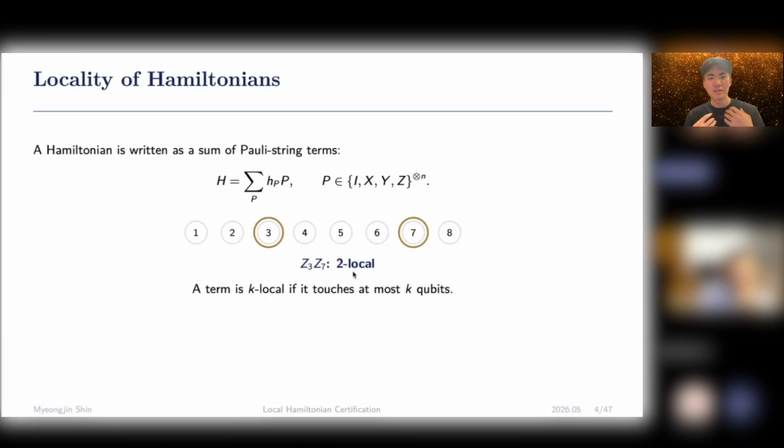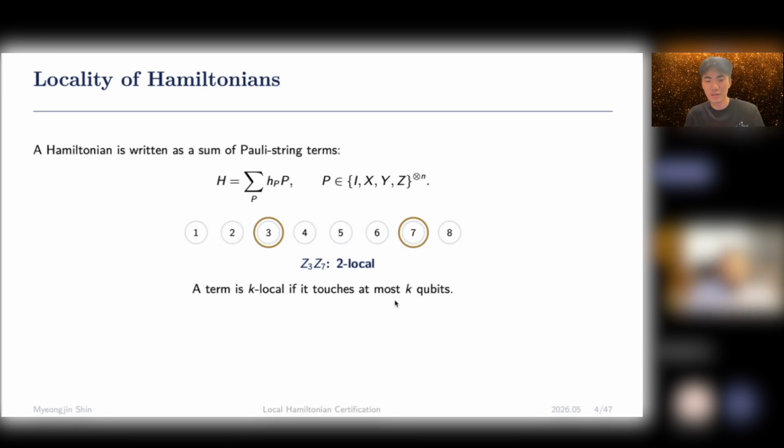Another thing to emphasize is that, as the title of this talk says, we're going to certify and learn local Hamiltonians. So we need to know what local is. I'm going to define what the locality of a Hamiltonian is. The Hamiltonian can be written as a sum of Pauli string terms like this.